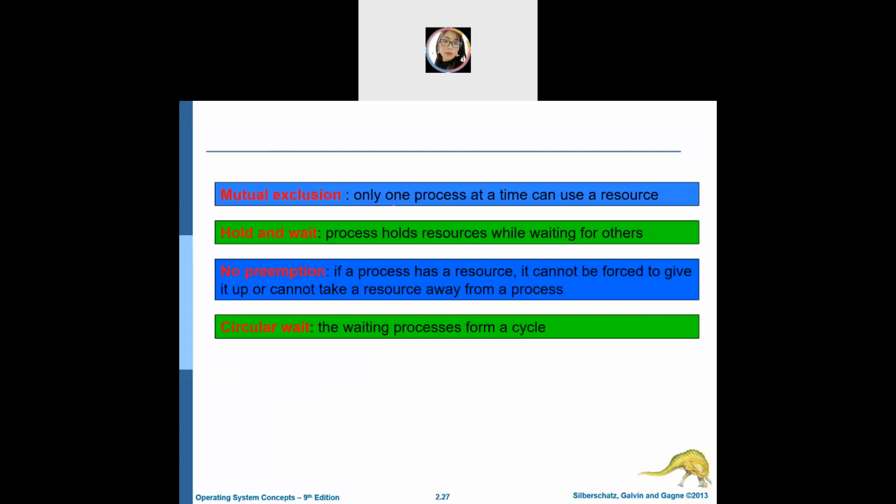Mutual exclusion: only one process at a time can use a resource. Hold and wait: a process holds a resource while waiting for others. No preemption: if a process has a resource, it cannot be forced to give it up, and a resource cannot be taken away from the process. And lastly, circular wait: the waiting processes form a cycle.